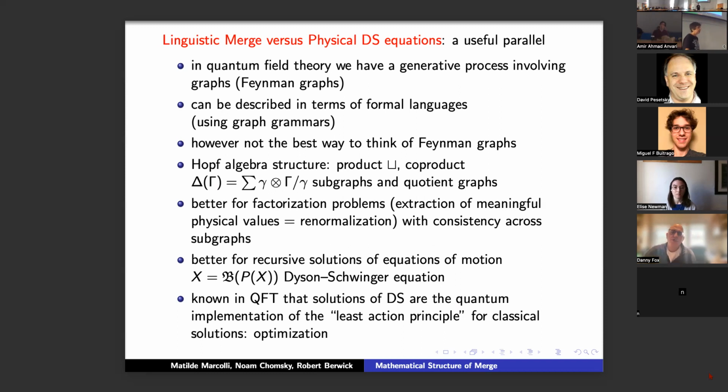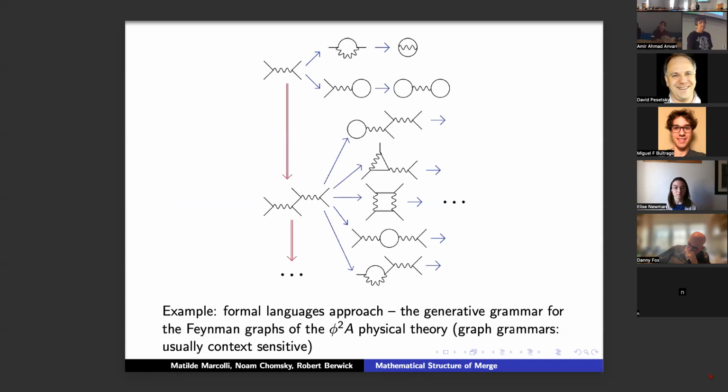You can write a formal language that produces the Feynman graphs of your favorite quantum field theory. For example, you can take a physical theory, such as quantum electrodynamics, and you can describe a generative grammar in terms of graph grammars that generates the Feynman graphs of that theory.